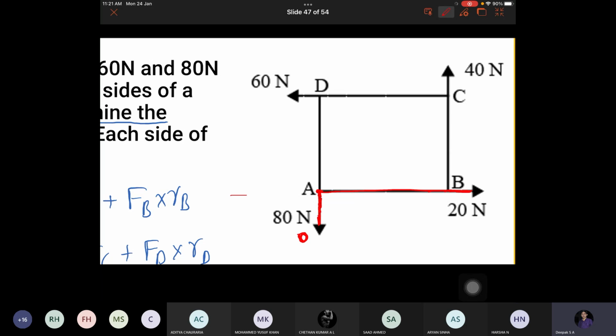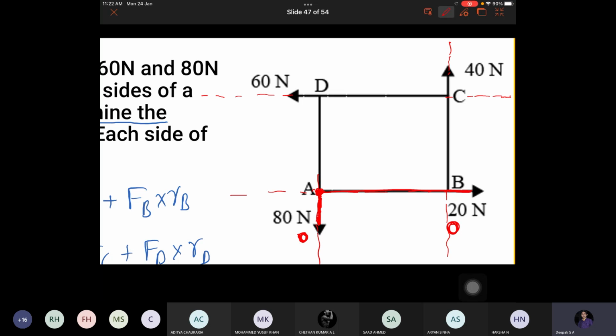See, this force, if you extend it on both sides, will not merge with point A. But for these two, if you extend the force, it is merging with point A. There you have to take the perpendicular distance as 0. That means these two forces will not cause any moment.